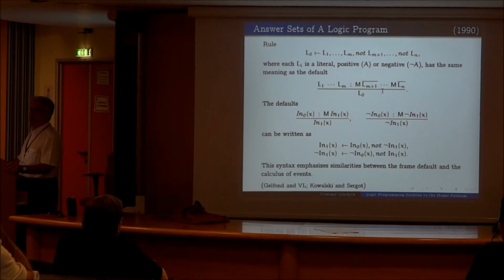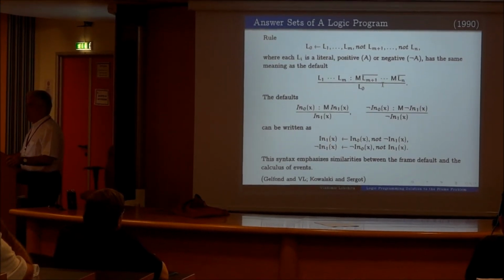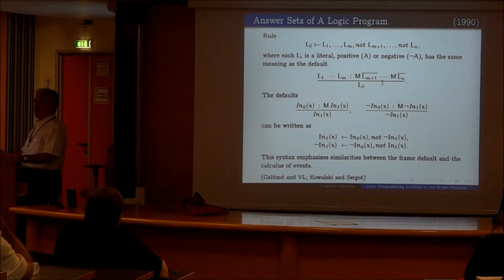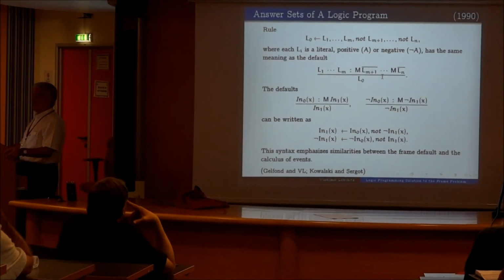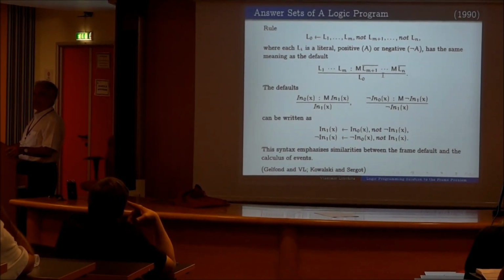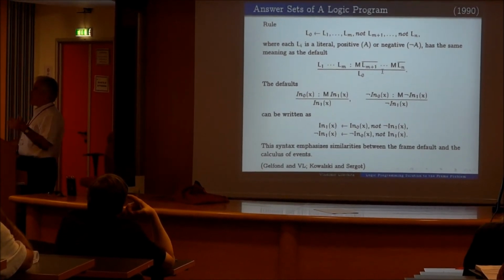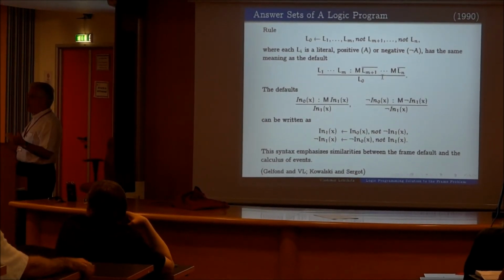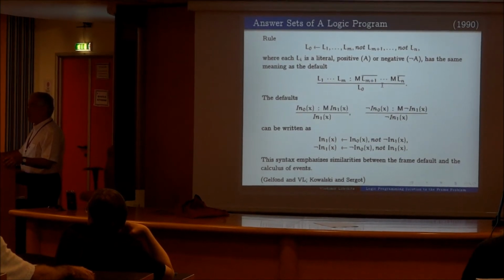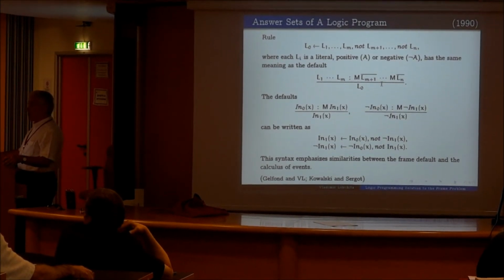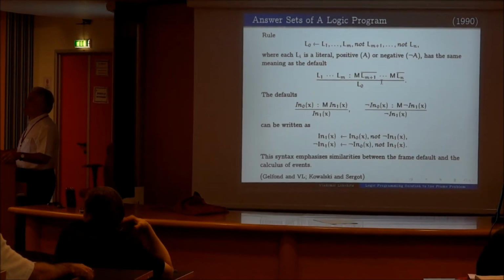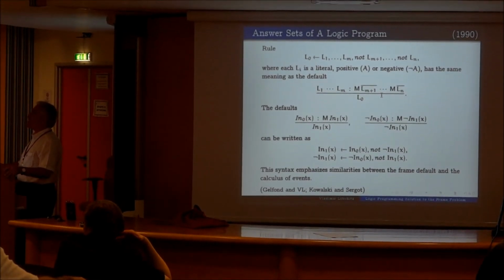That was a logic programming based approach to the frame problem. Reiter's frame default and the calculus of events are very different approaches to the frame problem. But what we learned from this work on the relationship between logic programs and default logic, and from switching to this new syntax, is that their logic basis is almost the same.